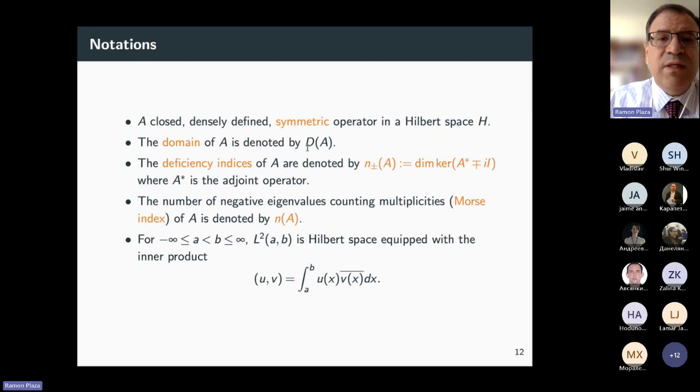The domain is going to be denoted by D(A). The deficiency indices of A are denoted by n plus or minus, which are the dimensions of the kernel of A adjoint minus or plus i times the identity. The number of negative eigenvalues, counting multiplicities, which is the Morse index of A, is denoted by n(A). And we work on standard energy spaces, Lebesgue spaces of L2 on the real line.